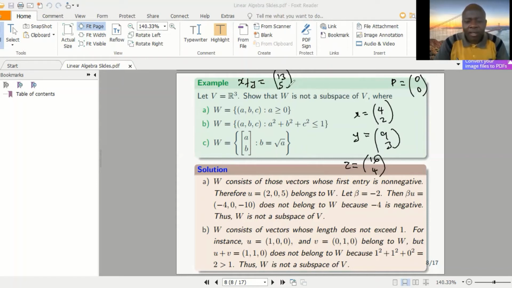In other words, is this B the square root of this A? You'll discover that 5 is not the square root of 13, and therefore this is not in W. That means this set does not meet the closure property under addition, and this disqualifies it from being a subspace.